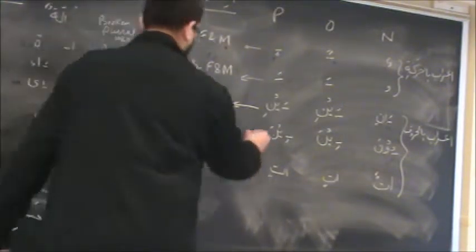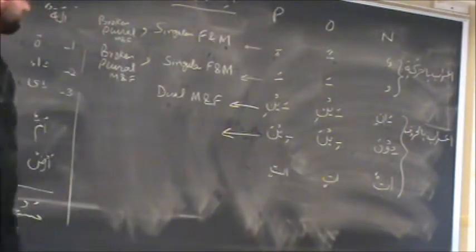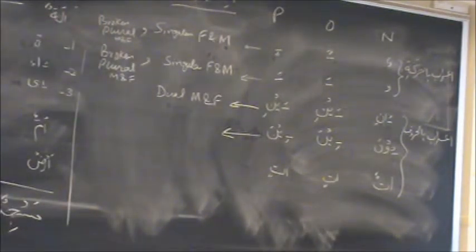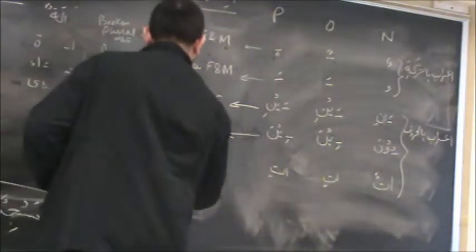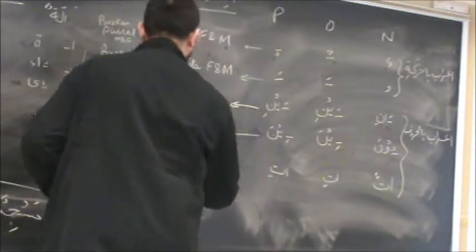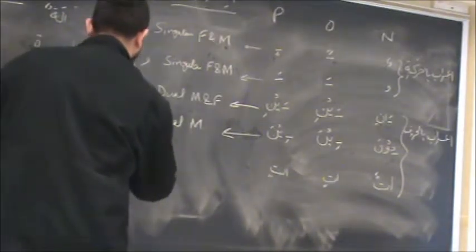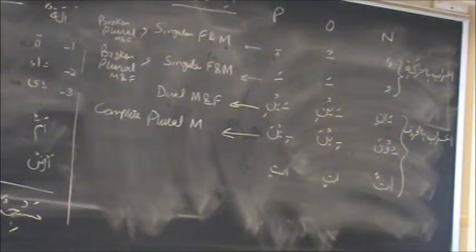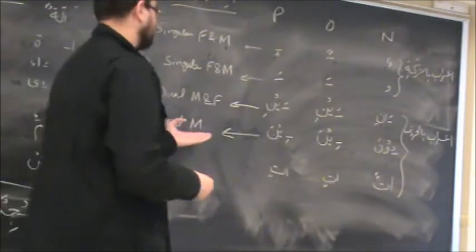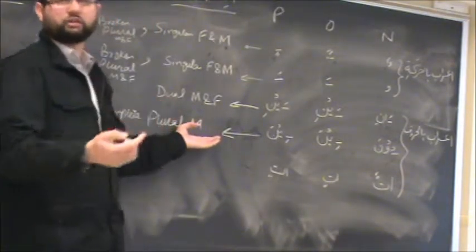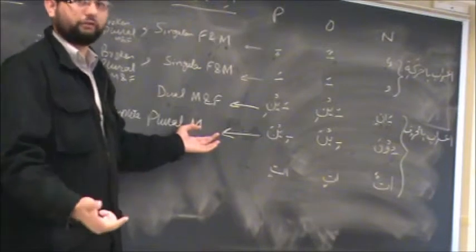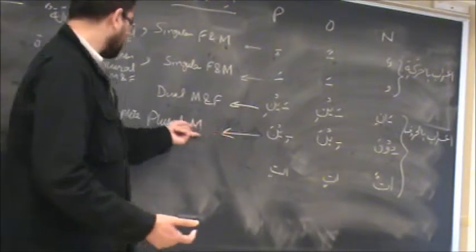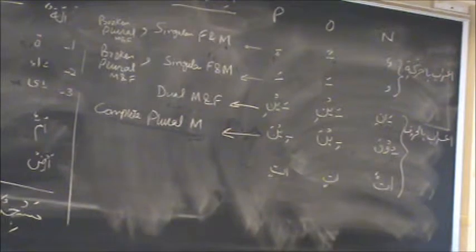So, what about this? Plural masculine. Yep, that is plural for masculine. But which plural? I would say complete, or in which the singular remains intact. Okay. And nothing else could come here because it's not singular, it's not dual, it's not for feminine. So it is only true for complete plural for masculine.